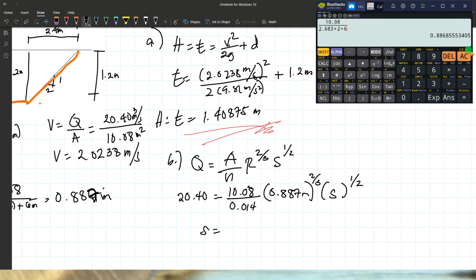So let's directly solve S. 20.4 equals 10.08 over 0.014 multiplied by 0.887 raised to 2/3 times S, variable x, raised to 1/2. Okay, let's solve for x. So the slope is 0.0094. Okay, that's the answer for the slope.